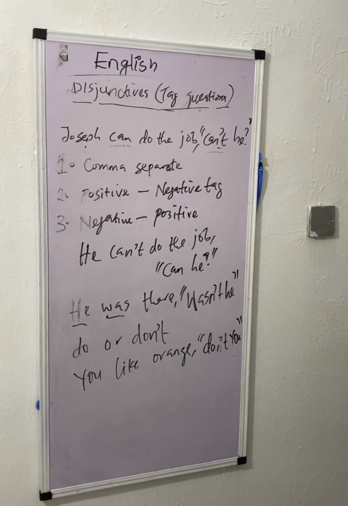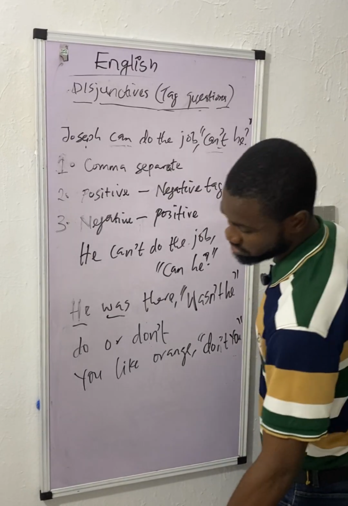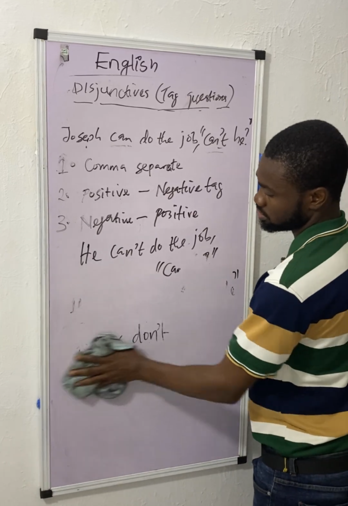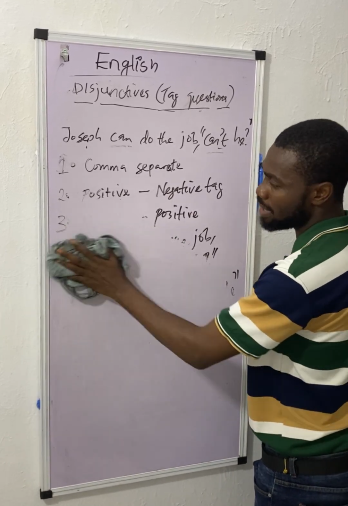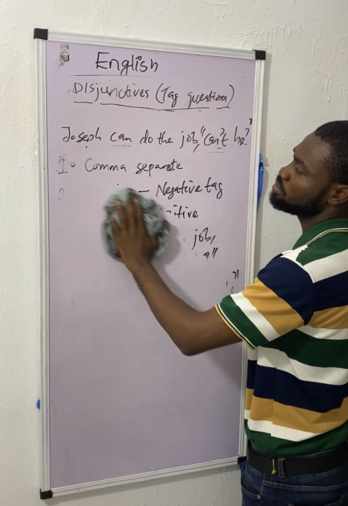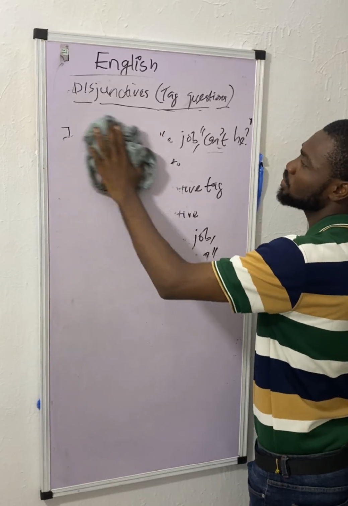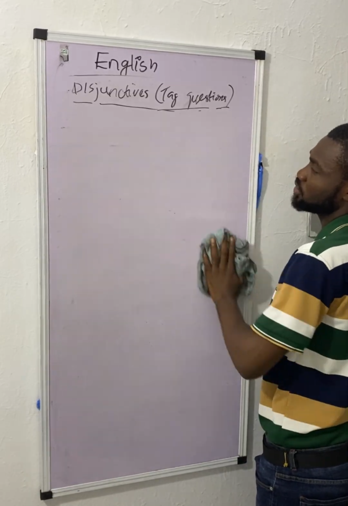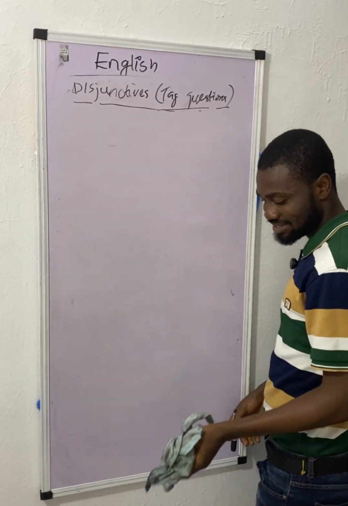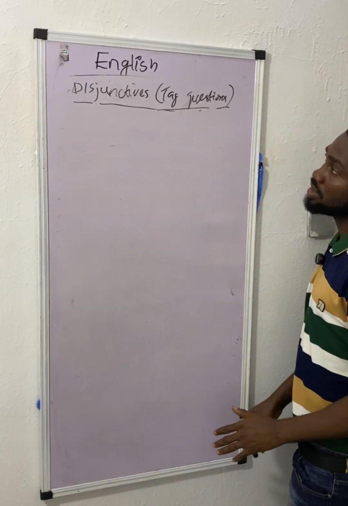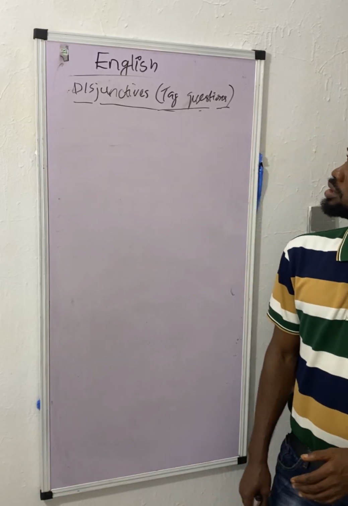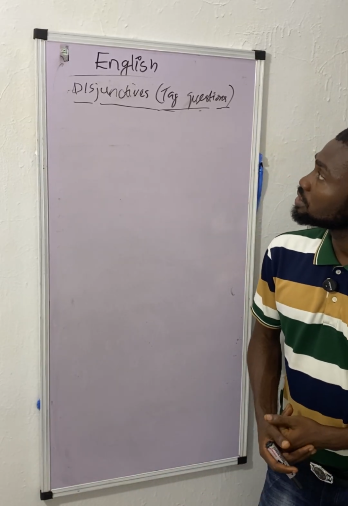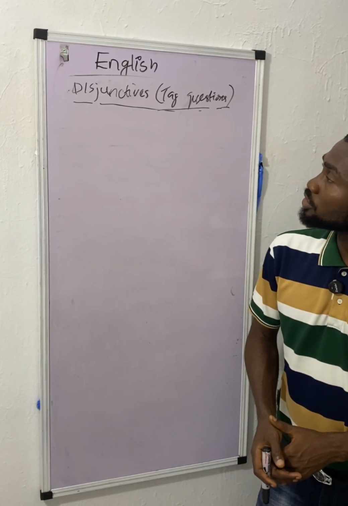The next rule is that a positive command goes with a positive tag. We've been talking about statements. Now we are looking at positive commands. A positive statement is not a command. For example, Joseph can do it.